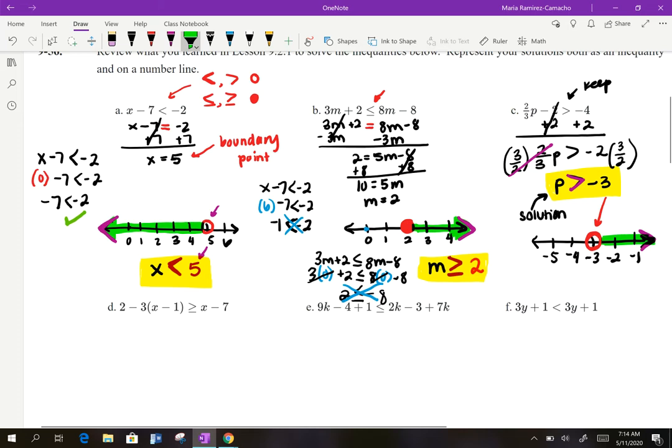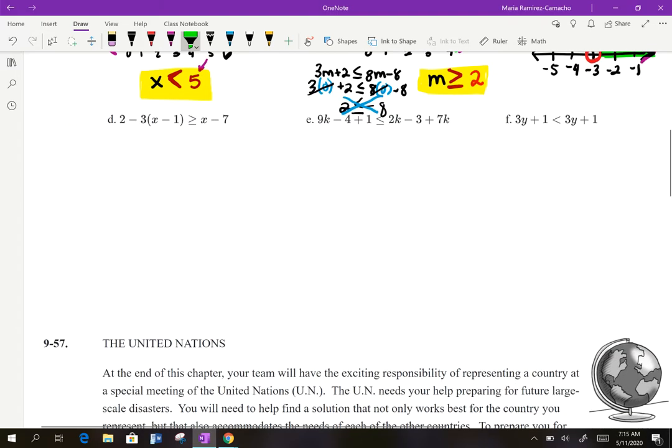But we're going to see in these next couple of examples that there's just one small thing to remember when solving it this way. Okay, so part D. Again, keep your inequality symbol, but solve for your variable.